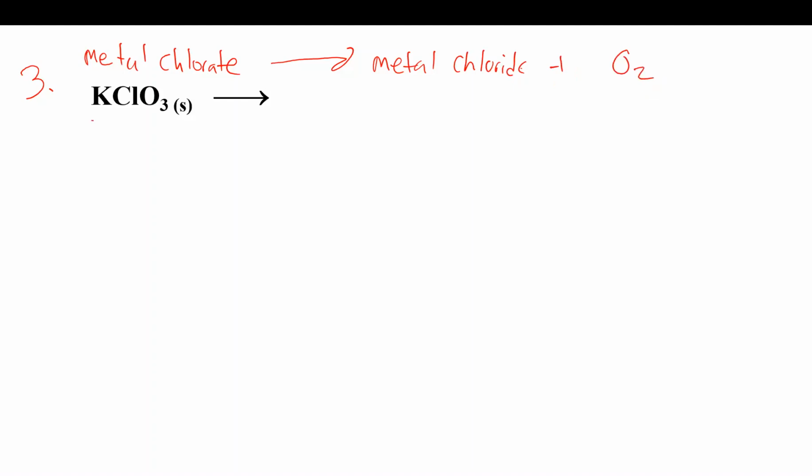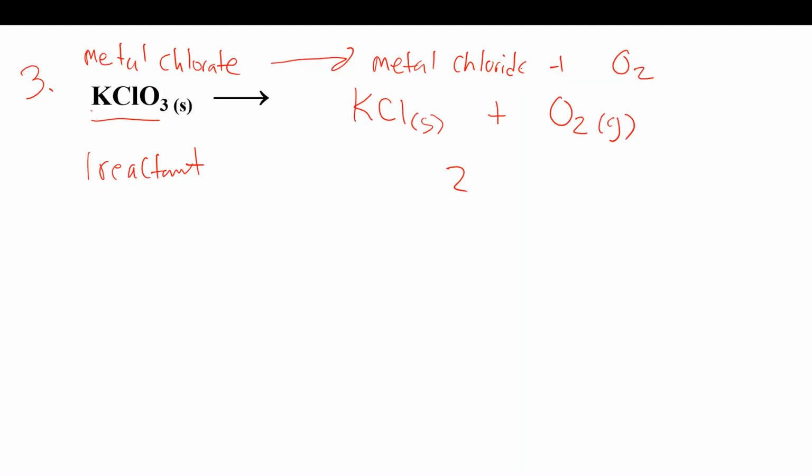So seeing that this is potassium chlorate, I would know that the metal chloride would be potassium chloride, and it's an ionic compound, so it's solid at room temperature, and it's going to also give me oxygen gas. So again, what do we notice? One reactant, two or more products.